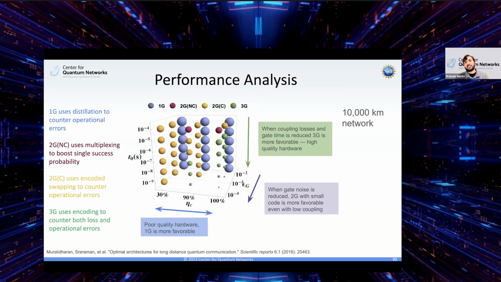So let's look at performance analysis. This is one of the seminal works done by Liang Jiang's group. So let's look at the different generations that we saw. We saw the first generation that uses distillation to counter operational errors, here shown in these blue balls. Then we have the second generation non-encoded that uses multiplexing.